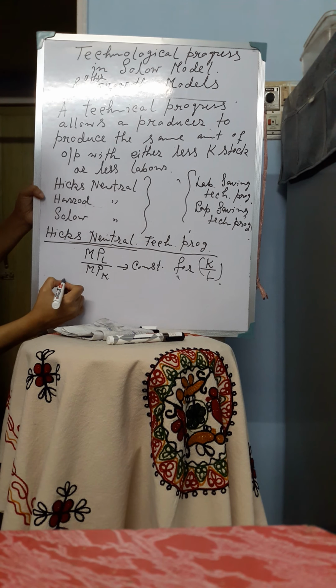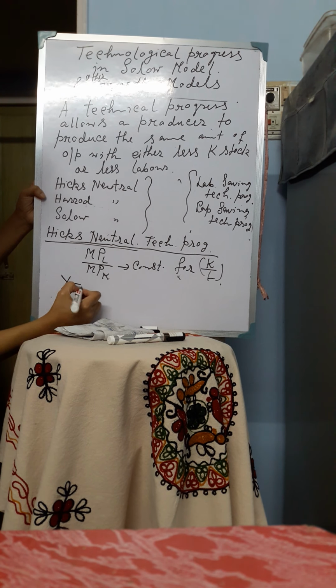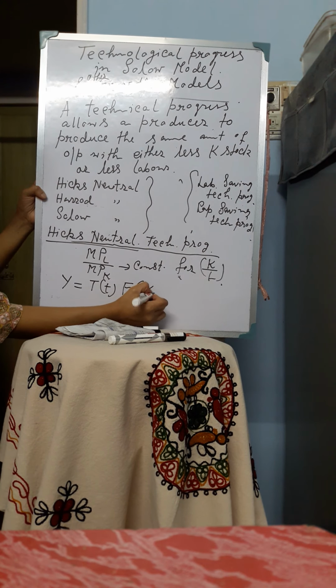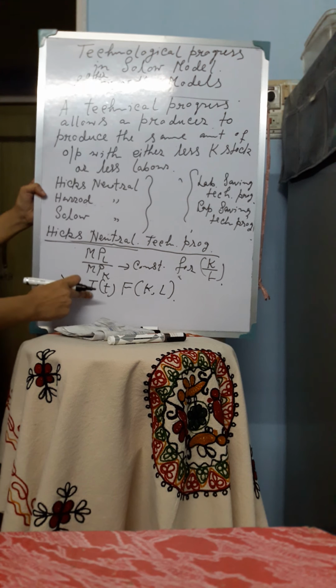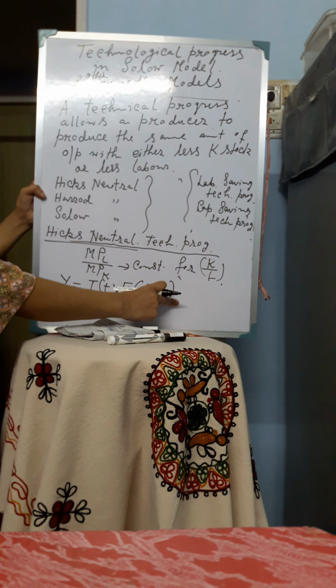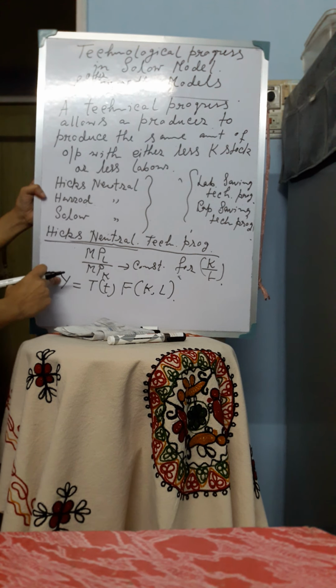Now the production function can be written as Y is equal to T(t) F(K, L). Now here this T(t) represents the technological progress with time, and this is a multiple of the original production function. So this is the form of Hicks neutral technological progress production function. So if the production function follows the Hicks neutral technological progress, then the production function will take the form like this.